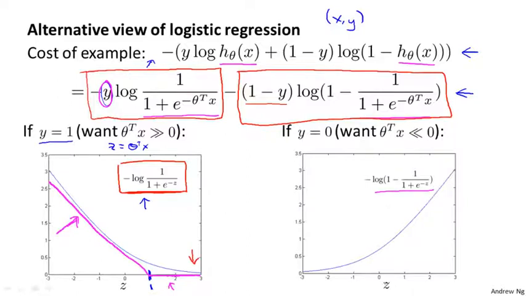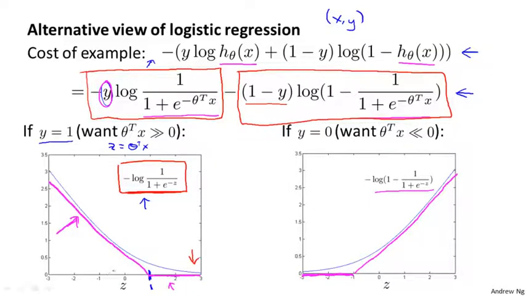And if you plot that as a function of z, with z on the horizontal axis, you end up with this curve. And for the support vector machine, once again, we're going to replace this blue line with something similar. In particular, I'm going to replace it with a new cost that is flat at 0 out here, and then grows as a straight line, like so.